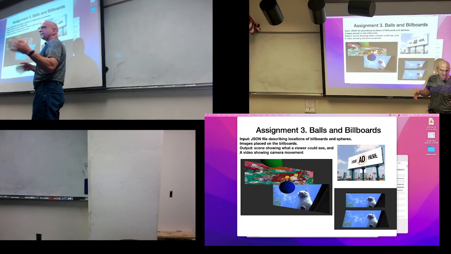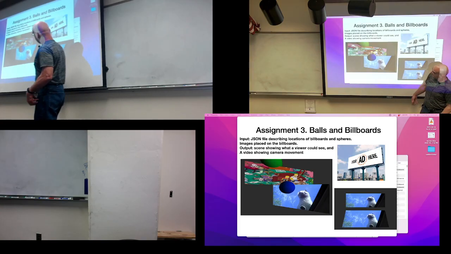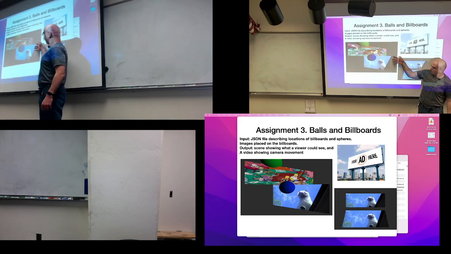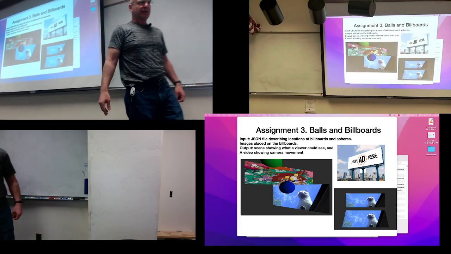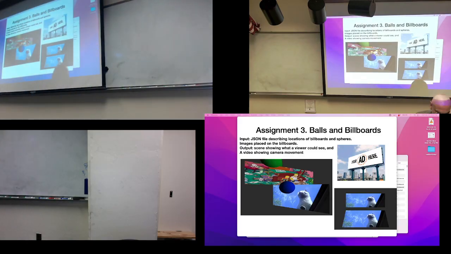If not, the syntax is, A, very easy, and B, we will give you a reader for it, and it will generate an array of spheres, balls, and an array of billboards. This is one billboard, this will be another one, and it will tell you where you should put the camera and what the camera parameters are.